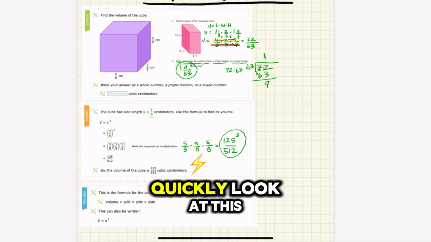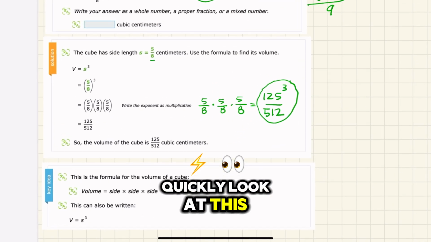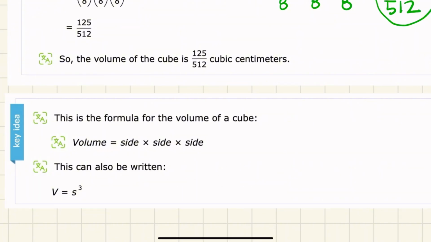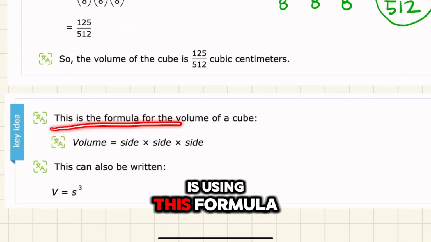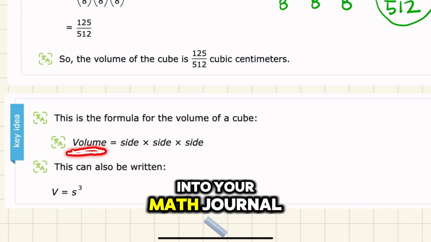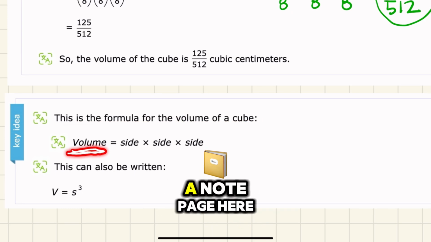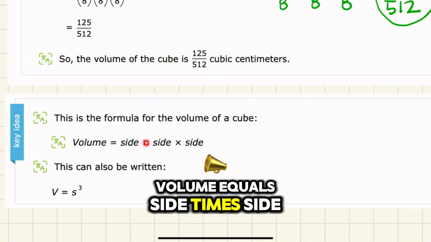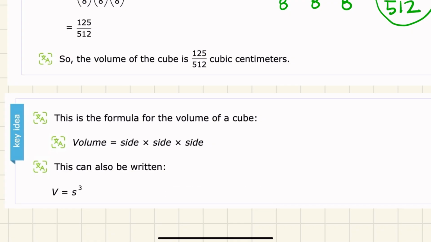So let's just really quickly look at this key idea. All you're doing here is using this formula below. Volume, get this copied down into your math journal, even if you have a note page here. Volume equals side times side times side.